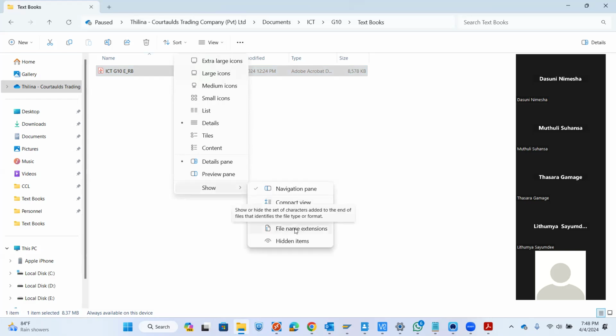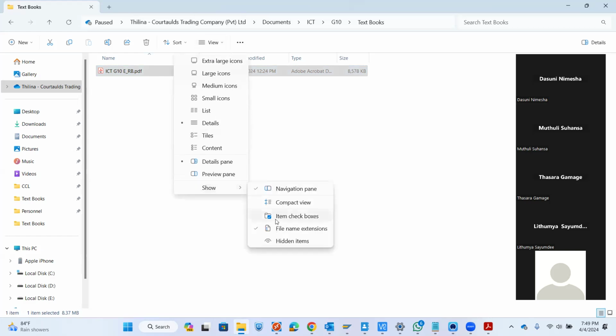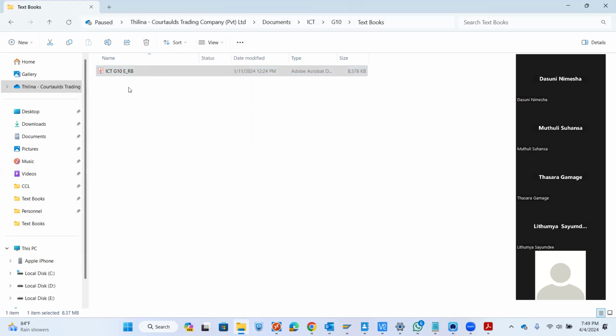See, there is an option. So let me open that. Right here, you got .pdf now. See, now the extension is visible. If you want to hide that extension, you can take off that one, so only the file name is visible. So that's a feature of the Windows operating system.